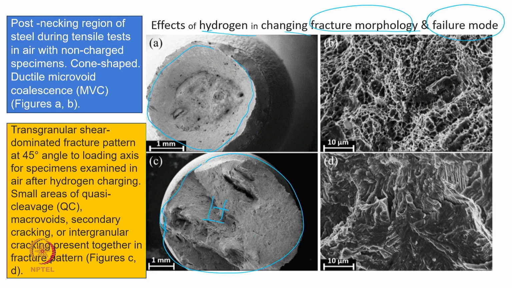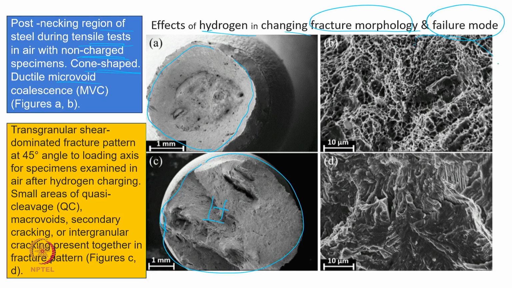In the tensile testing, when the specimen is not charged with hydrogen, or hydrogen exposure is not there, we are able to see the cup and cone shape.